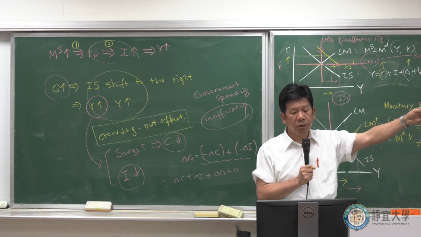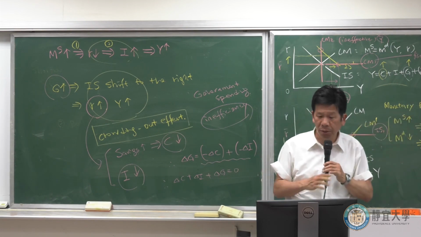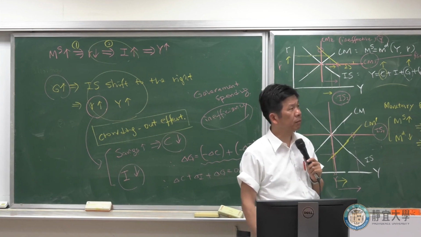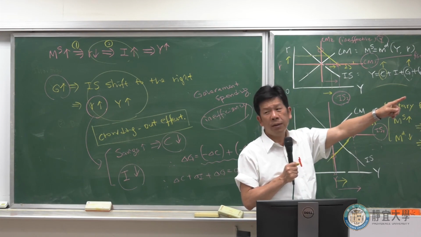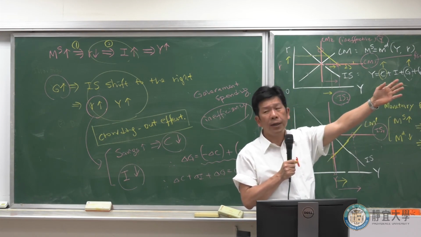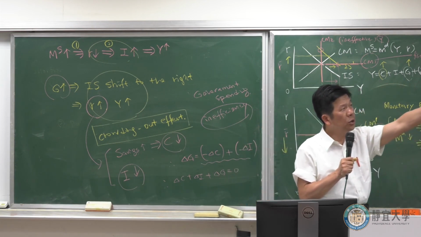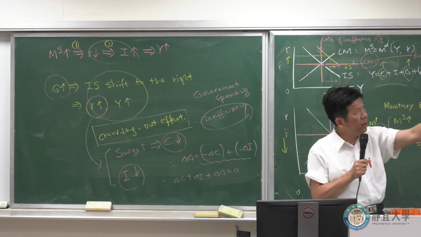So here you can also try to compare this result. In general, when the government uses spending, the IS curve shifts to the right hand side. After that you can see the interest rate increase and the output or income increase.